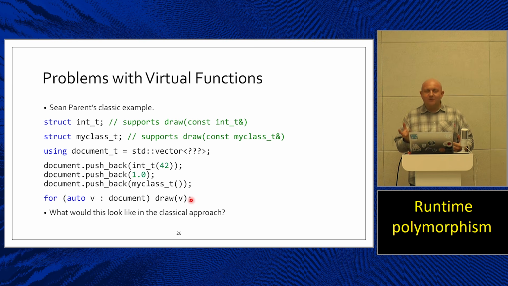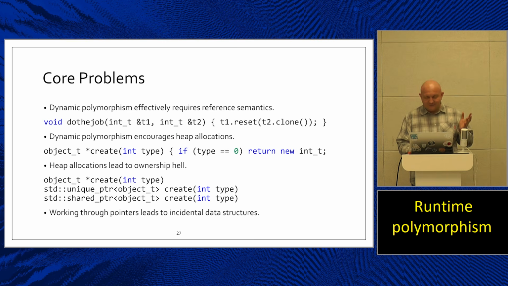We no longer store objects, we store pointers, which means reference semantics. We need clone, we need dynamic allocation, we need ownership management. The simple looking vector suddenly becomes a vector of pointers, or a vector of smart pointers, or a vector of smart pointers with shared ownership. And that changes everything.